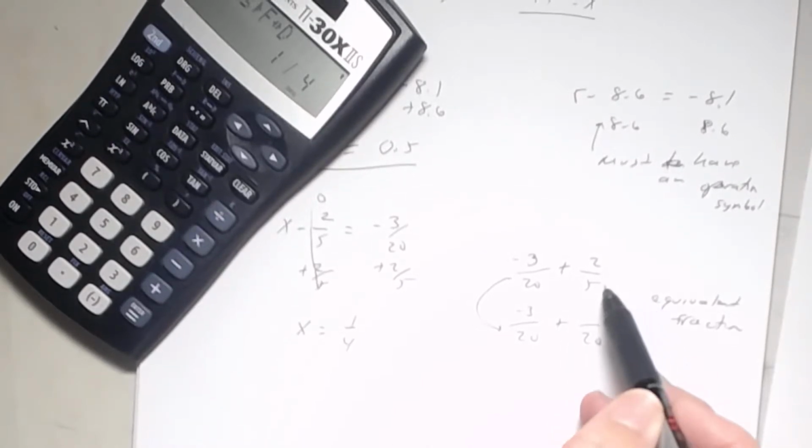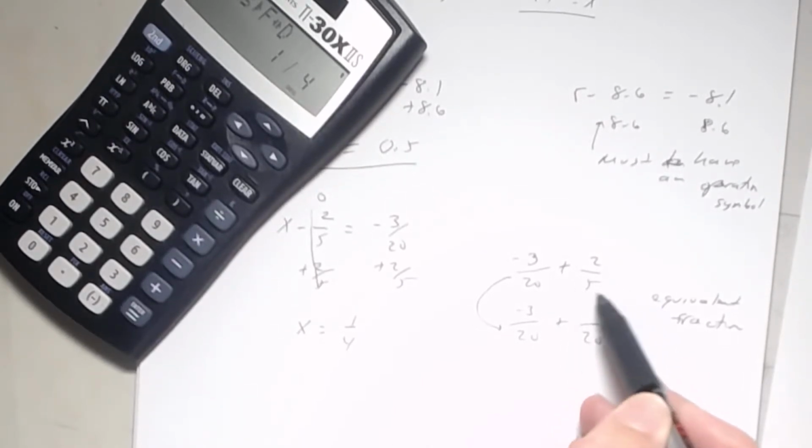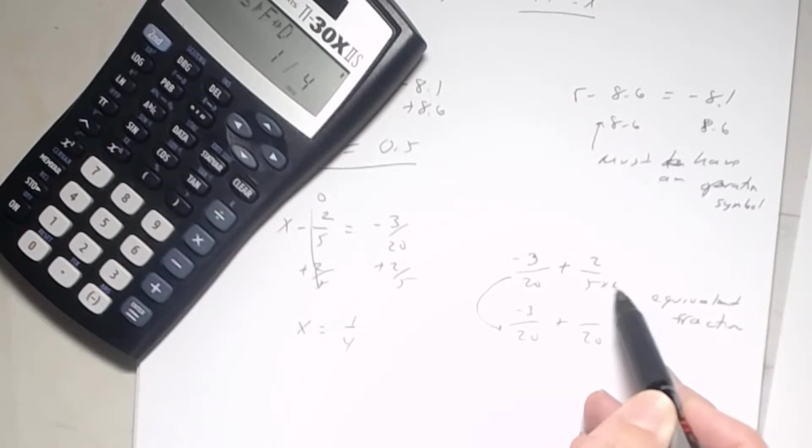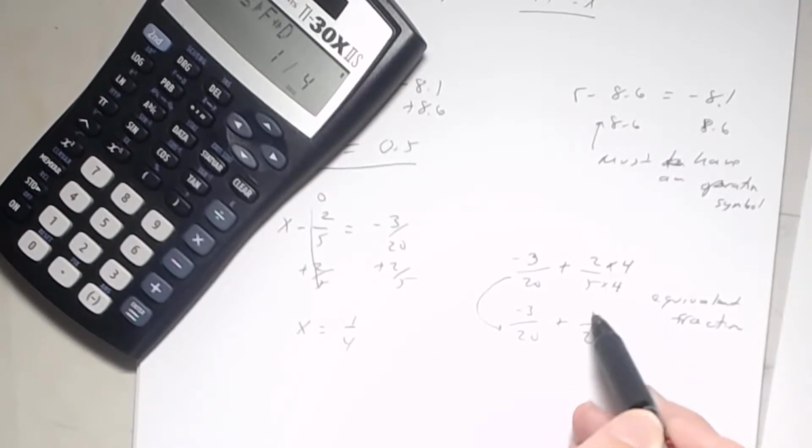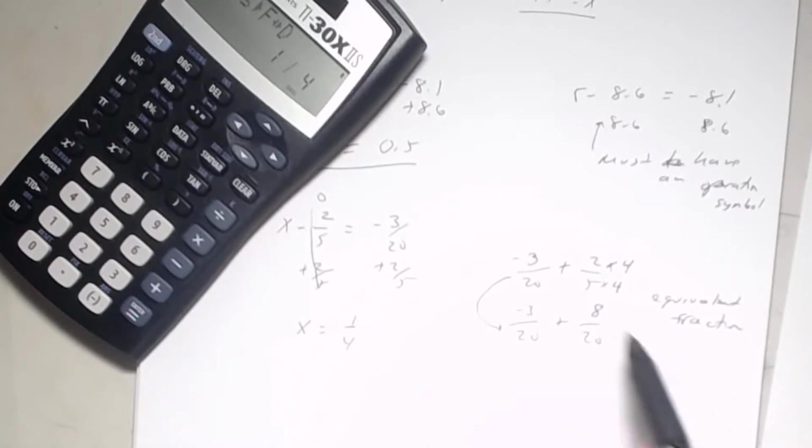Okay. So 2/5 is equivalent to what over 20? I need this 5 to be a 20, so my factor is 5 times what is 20? 4. What I do to the denominator, I have to do to the numerator, so that's going to be 8. So these are equivalent fractions.